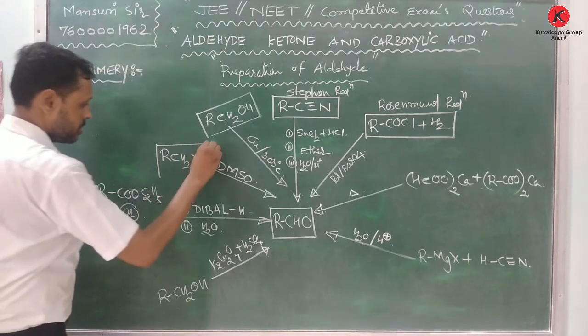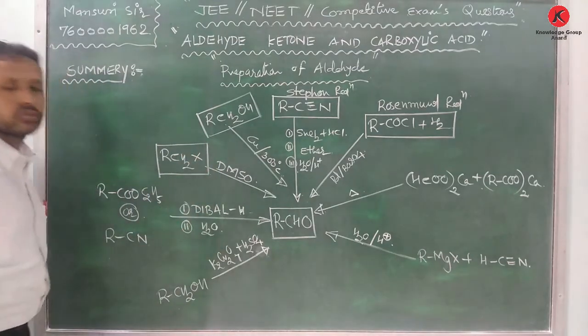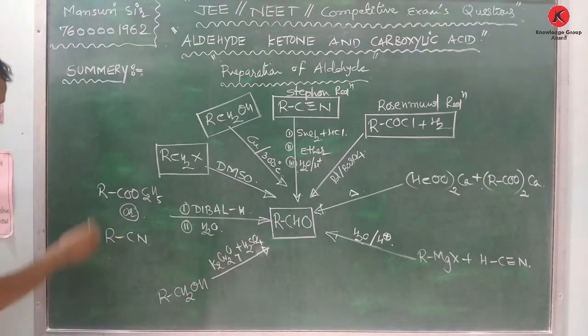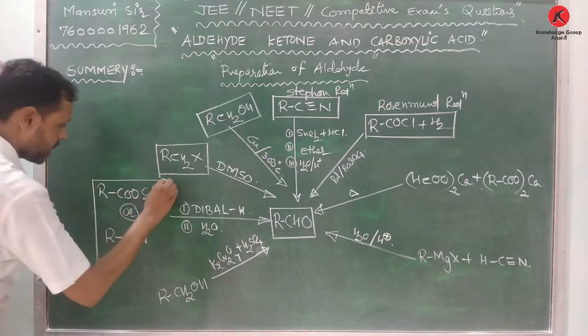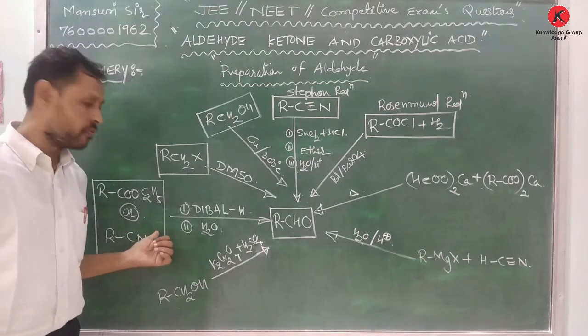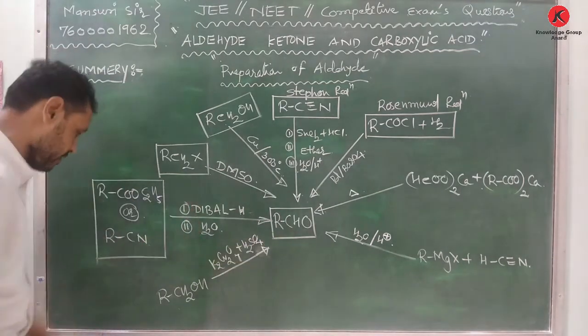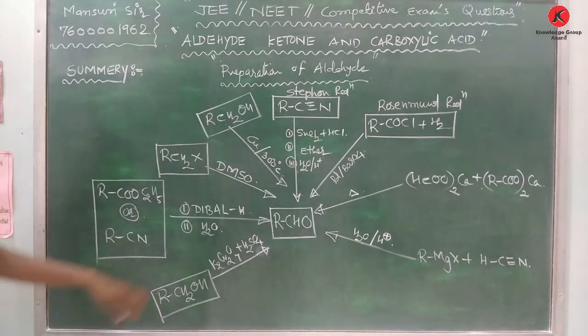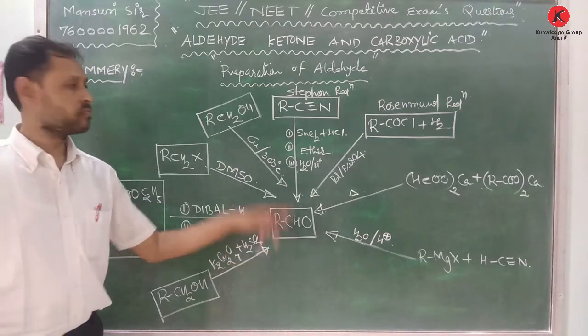Thereafter halide compounds, which convert to aldehyde. Thereafter ester group or cyanide group, which is converted to aldehyde. Thereafter primary alcohol, which is converted to aldehyde.